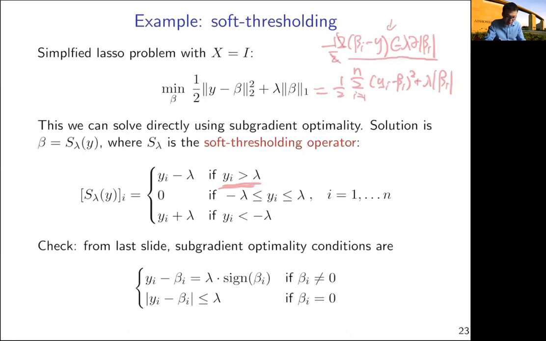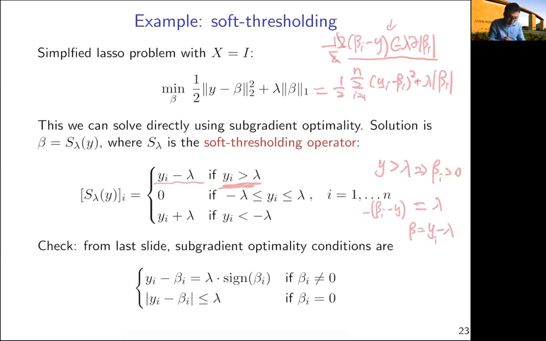Therefore, we can evaluate the right-hand side to be simply the sign of beta. If y is larger than lambda, then beta_i is strictly larger than 0, which allows us to evaluate the right-hand side as lambda, and then minus (beta_i minus y) is equal to lambda, which says that beta is equal to y minus lambda. That gives us the solution here.